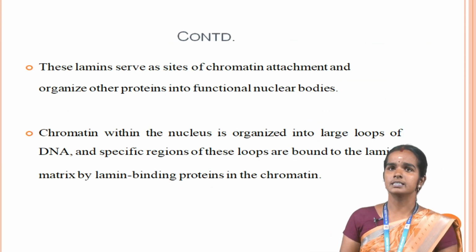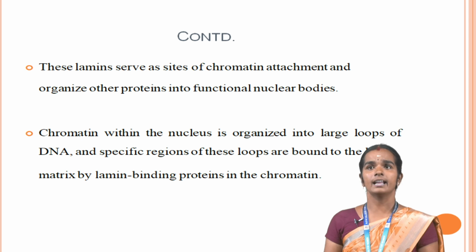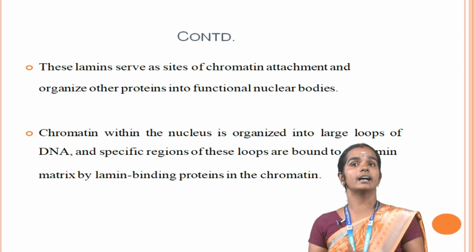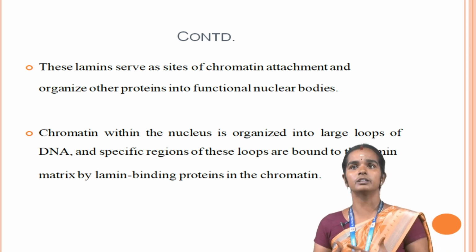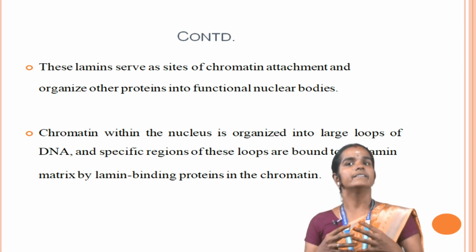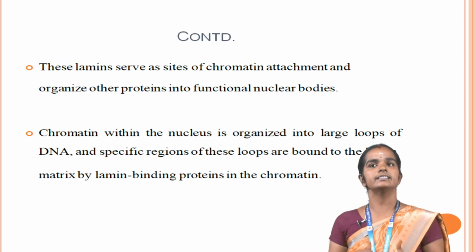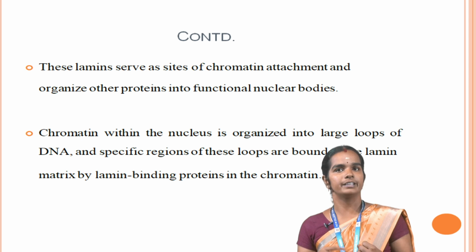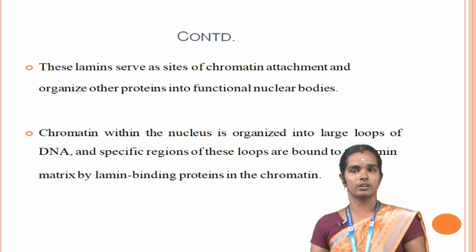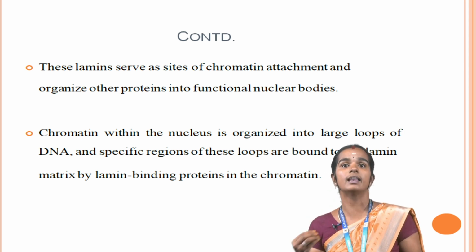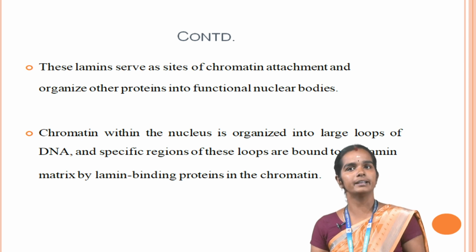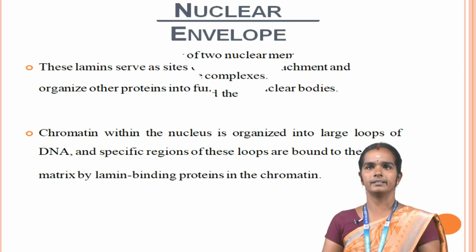These lamins serve as sites of chromatin attachment and organize other proteins into functional nuclear bodies. Chromatin within the nucleus is organized into large loops of DNA, and specific regions of those loops are bound into the lamin matrix by lamin-binding proteins in the chromatin.